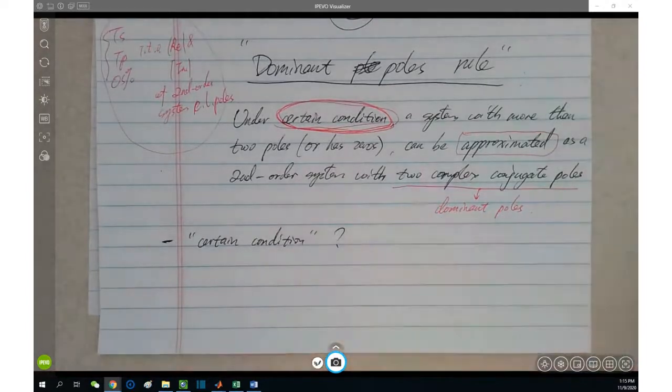The certain condition, if we describe it, is like this.